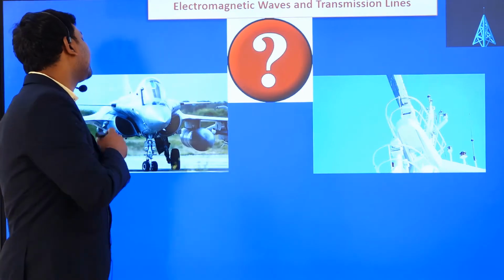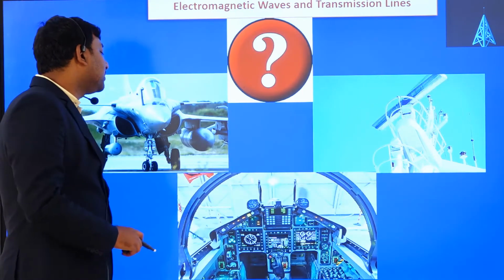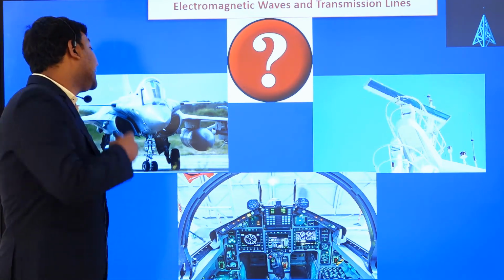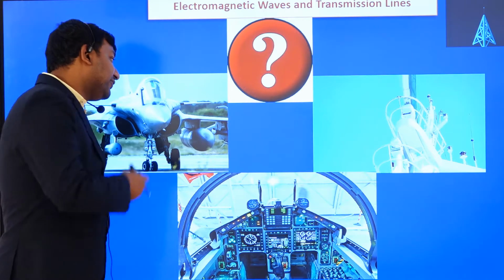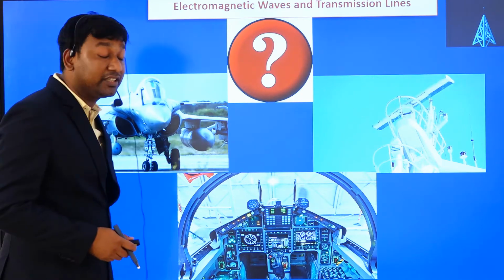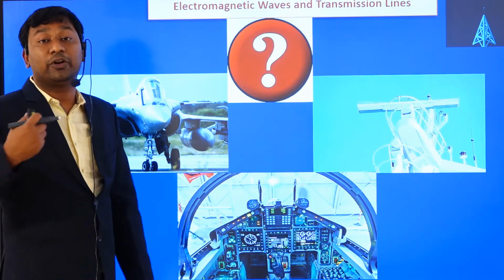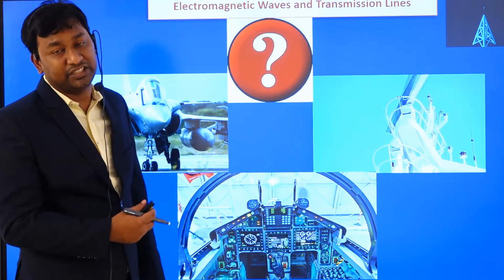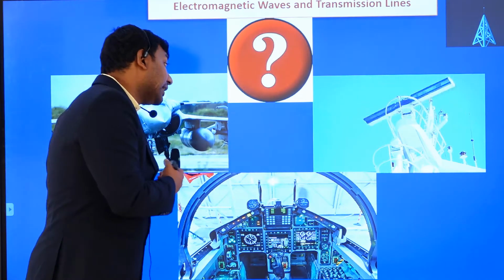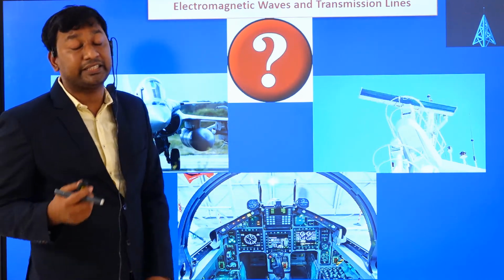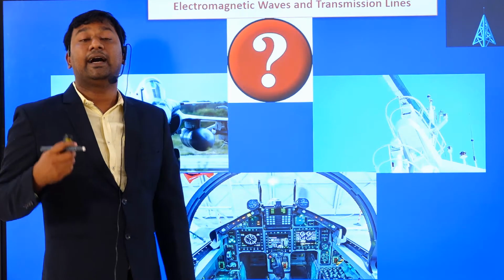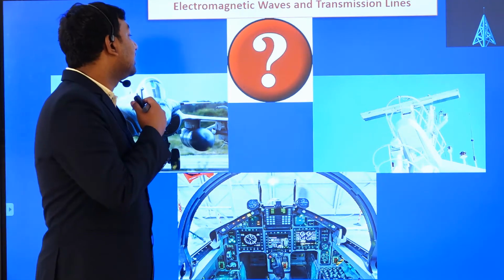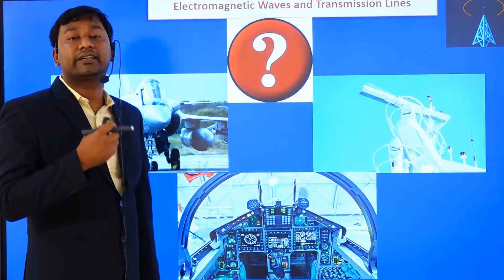These are the applications where electromagnetic waves are used to detect things, identify things, and transmit, obtain and convey information. That's why it is one of the basic subjects which covers many areas in wireless communication, satellite communication, and microwave engineering.